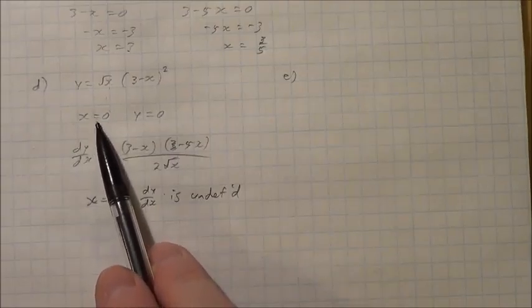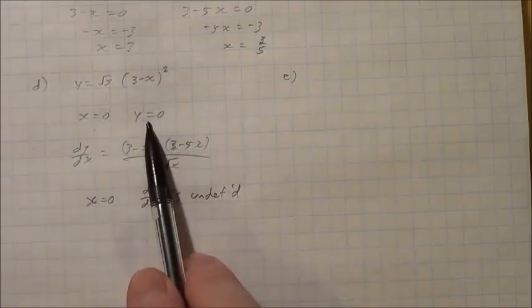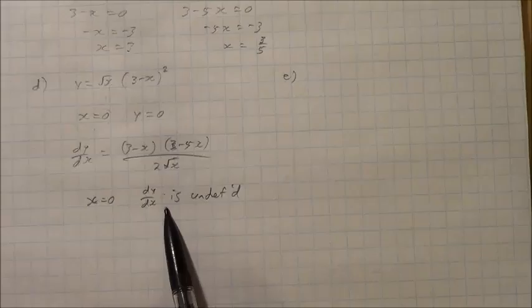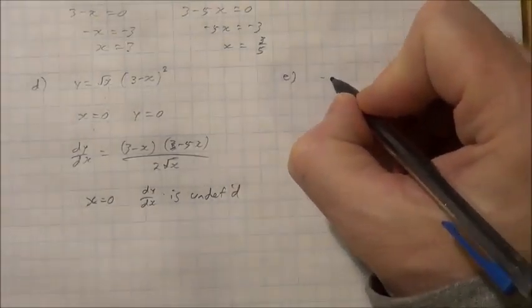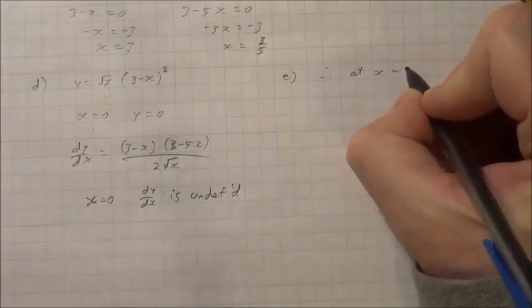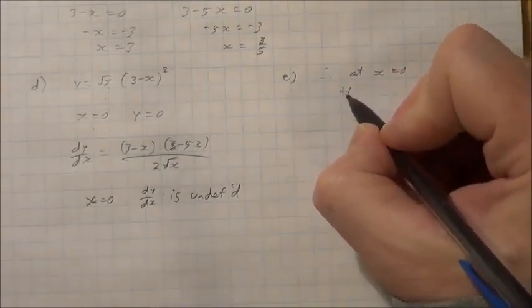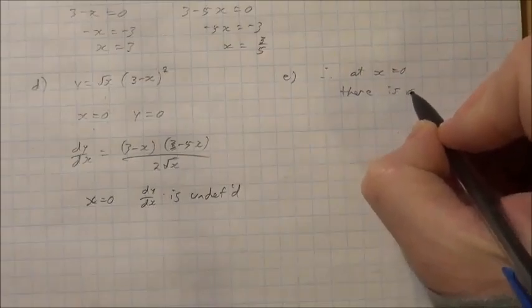The point 0, 0 exists, but because the derivative function is undefined when x equals 0, at x equals 0 there is a vertical tangent.